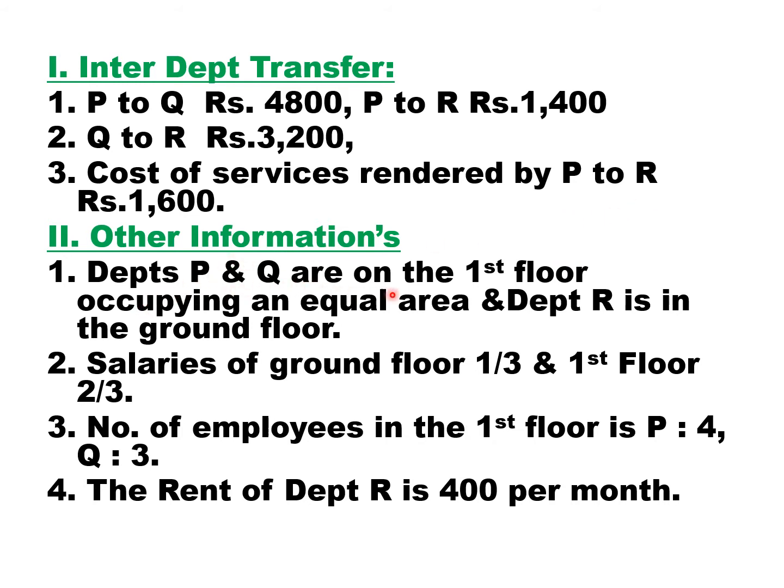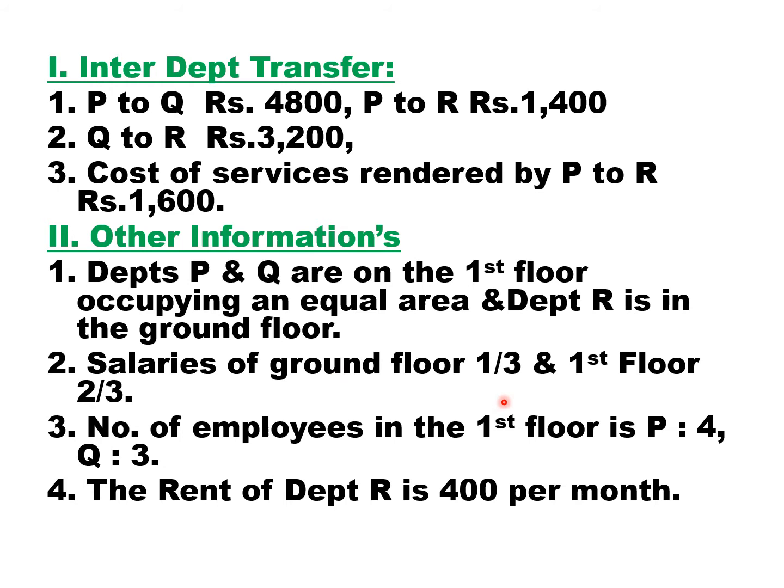Other information: departments P and Q are on the first floor occupying an equal area, and department R is on the ground floor. Students, clearly mention ground floor is R, first floor is P and Q. I repeat, ground floor is occupied by R, first floor means P and Q. And P and Q occupy equal area, which means rent should be distributed equally.